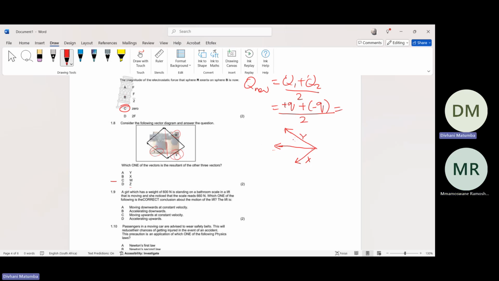Then I'm going to take my resultant and pair it with Z, with its direction pointing something like that. Z is pointing in that direction.